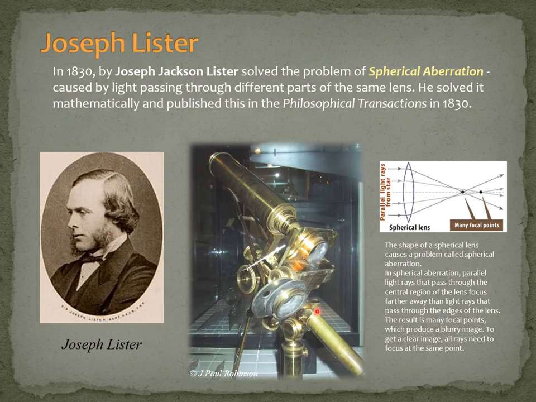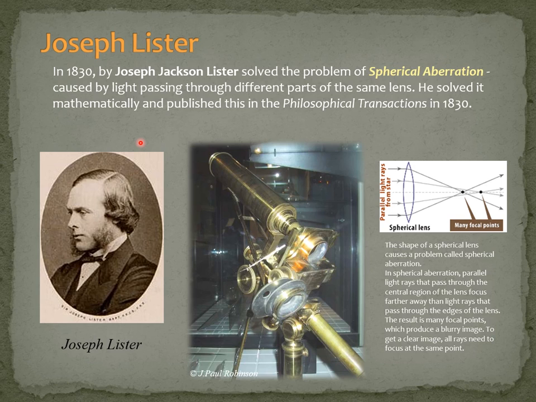But while Chester Hall had an empirical solution, so he tried out different types of glasses and curvatures to make his lens to correct the chromatic aberration, Joseph Lister solved the problem of spherical aberration using pure mathematics.